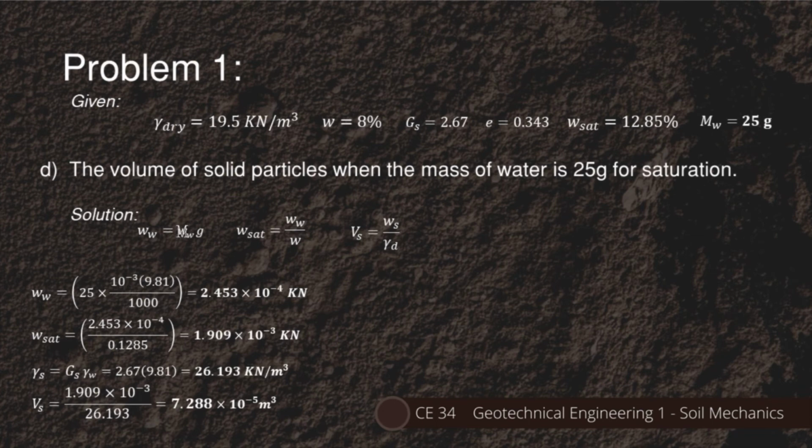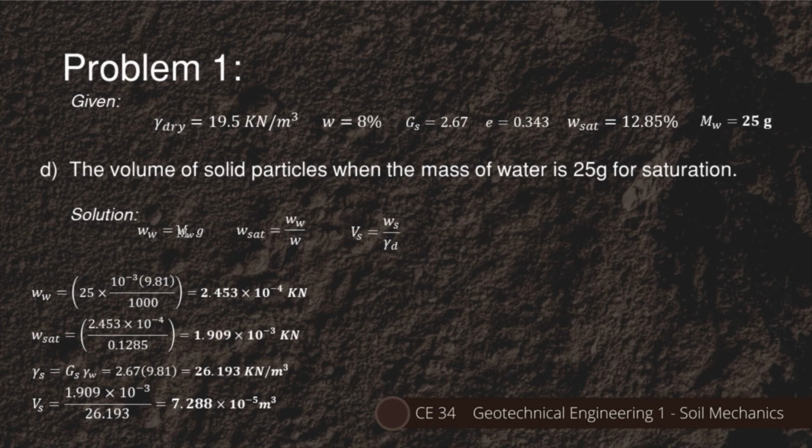So now we will substitute the given values to our formula. The weight of the water is now equal to 25 times 10 to the power of negative 3 for it to become kilograms times 9.81 over 1000. That would give us a value of 2.453 times 10 to the power of negative 4 kilonewtons.